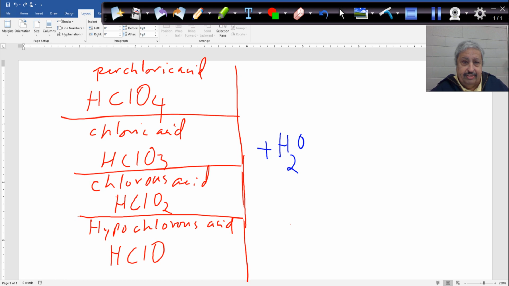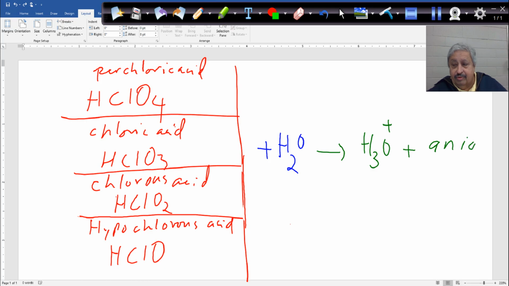So what we are getting out of this is the hydronium ion. I'm not balancing, just to let you know that this is the hydronium ion. That emphasizes that we have an acid. Then we have the corresponding acid plus the anion, correct?